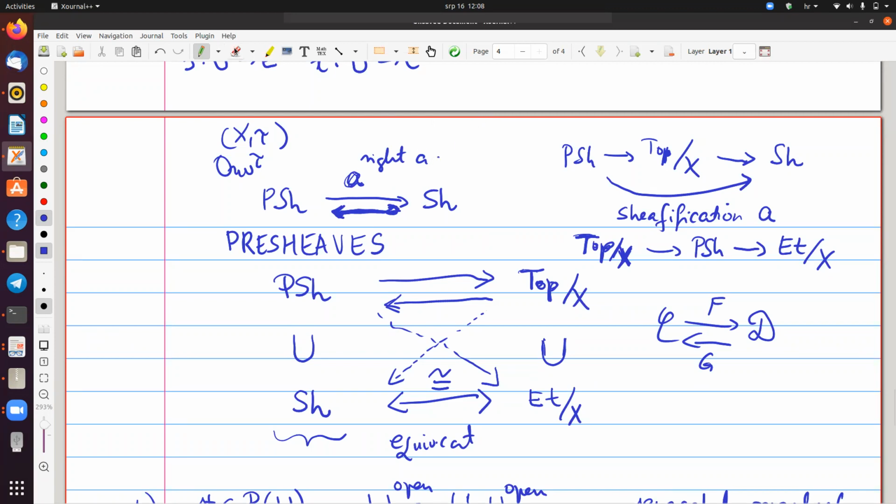No, sorry, this is a left adjoint, and this will be the right adjoint. So F is left adjoint. We say F is left adjoint to G.